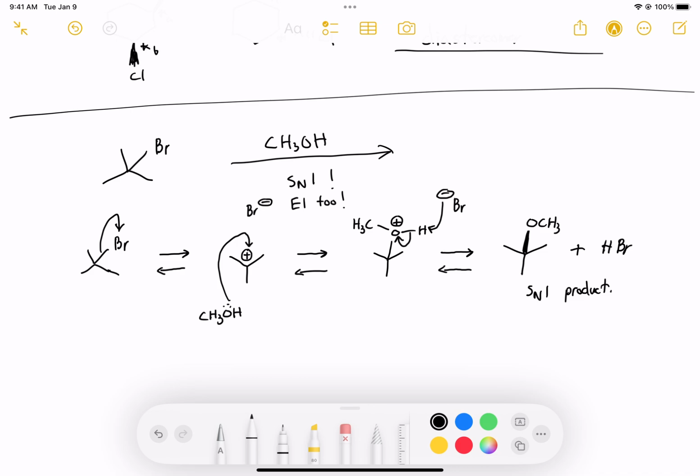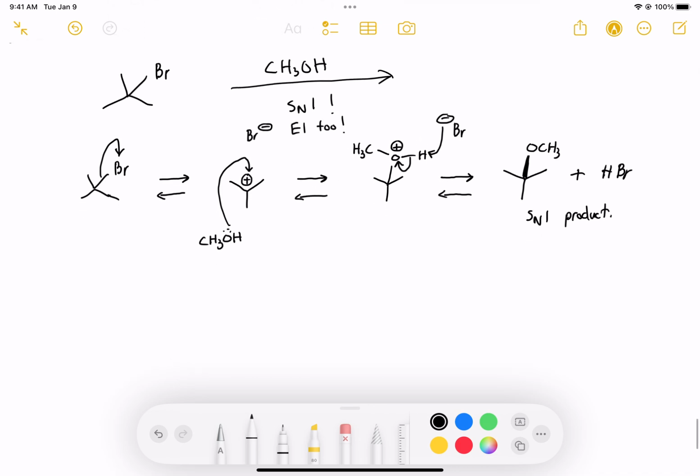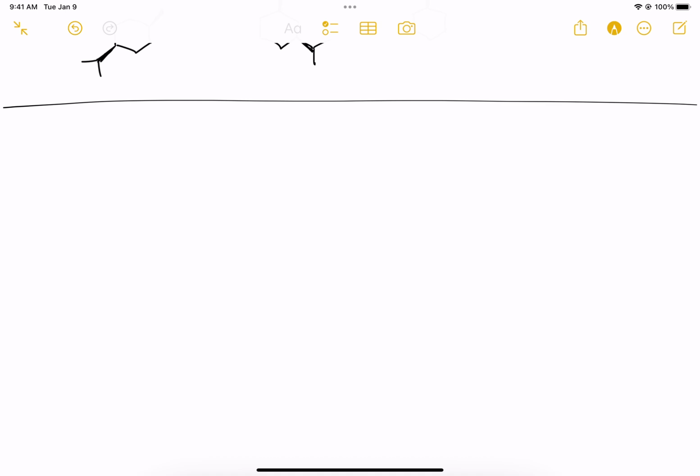Okay. Now we need to look at the second product. So we also have this occurring. The carbocation now will also be involved in it, unfortunately. Your carbocation can also be quenched or consumed by an E1 process.